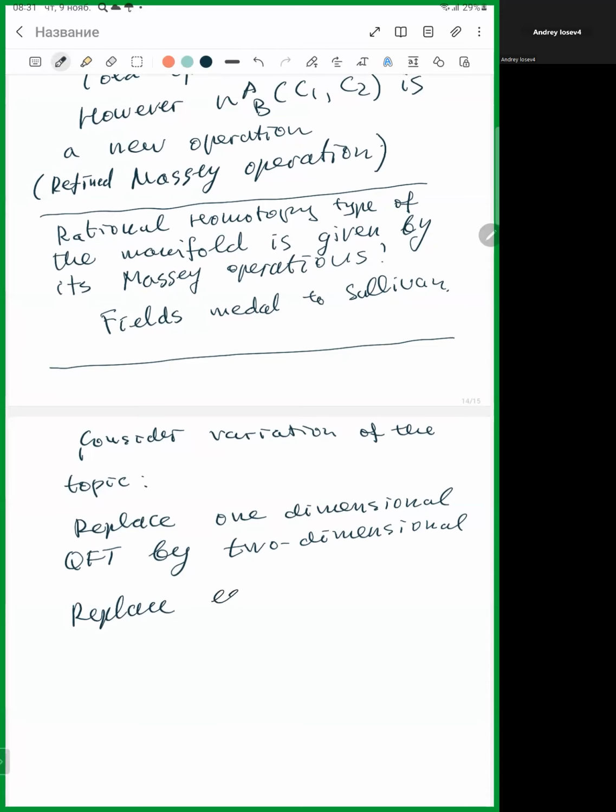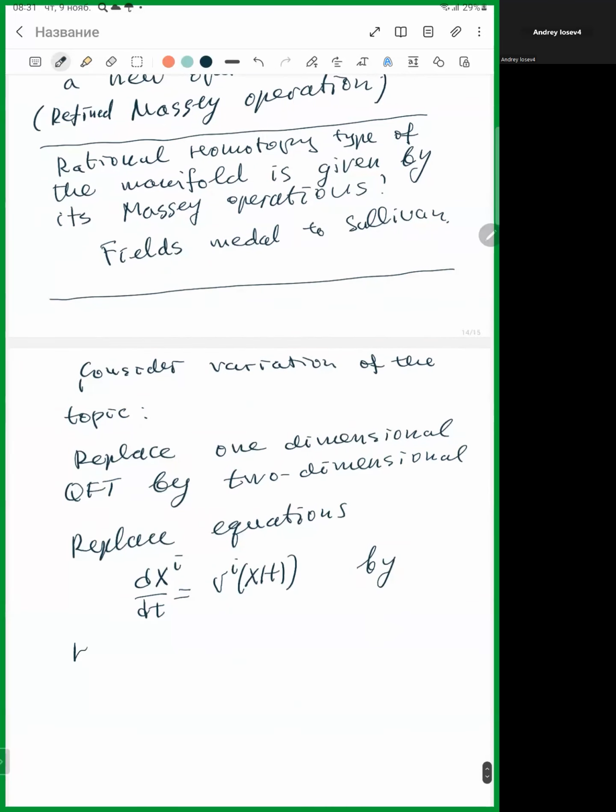Replace equations by holomorphicity equation.